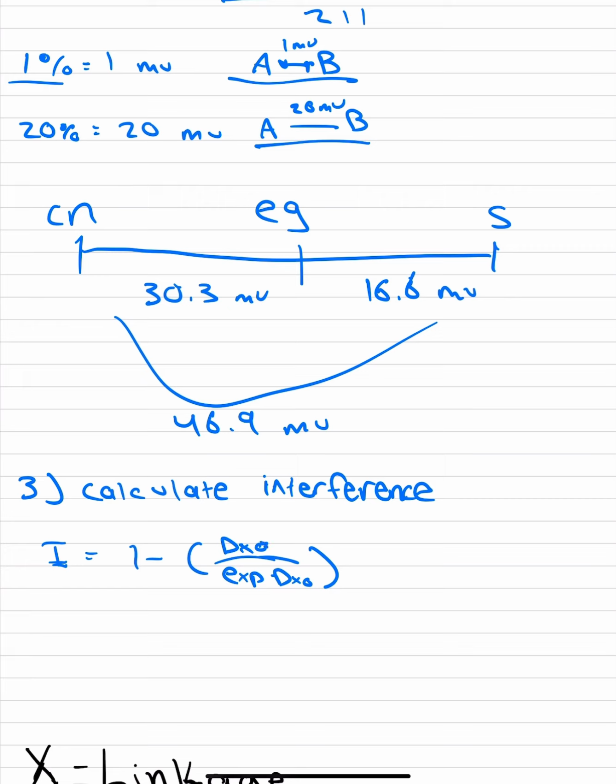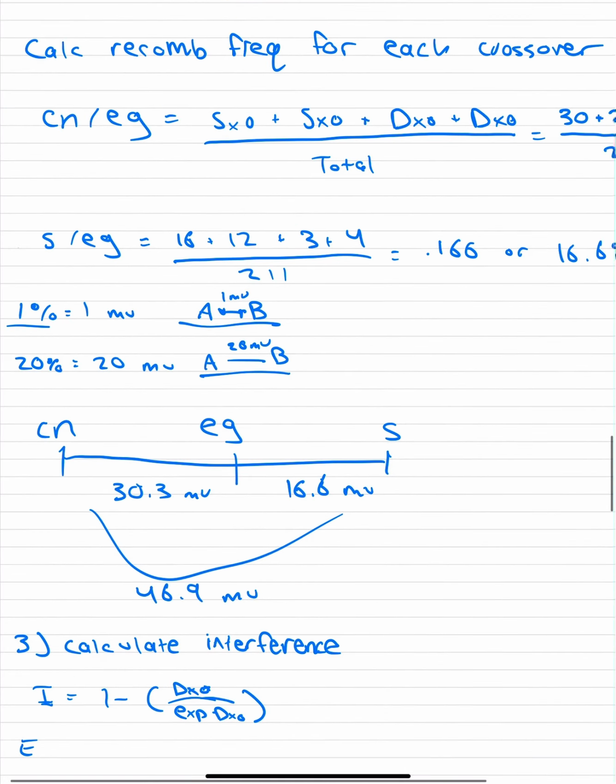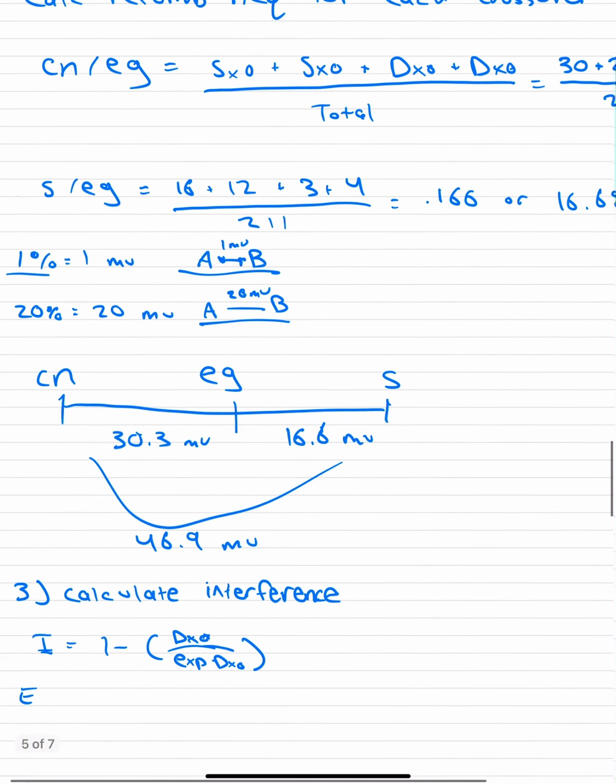In order to find the expected double crossovers, we simply have to take the frequency between both of these crossovers and multiply them by each other.